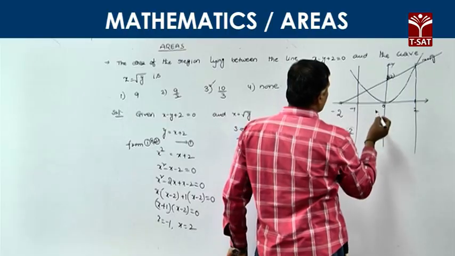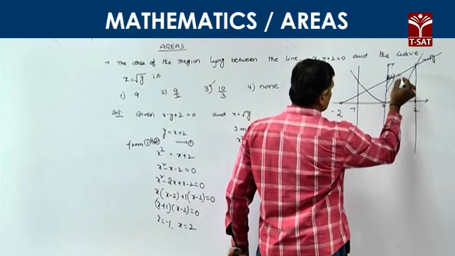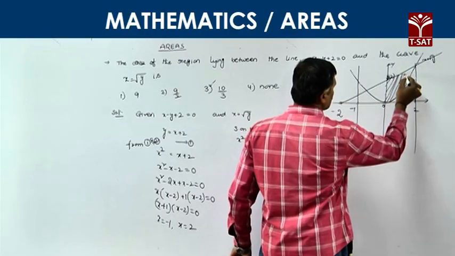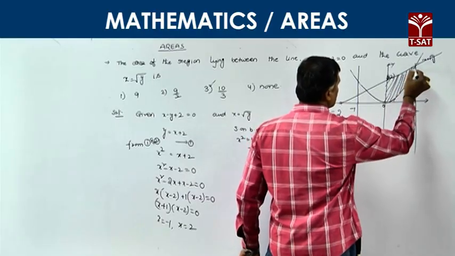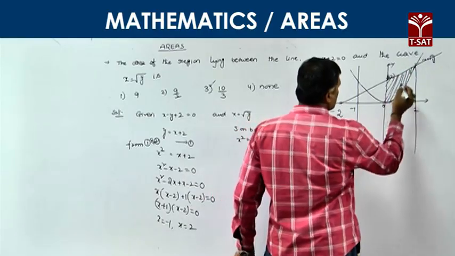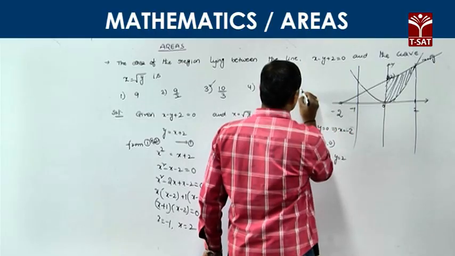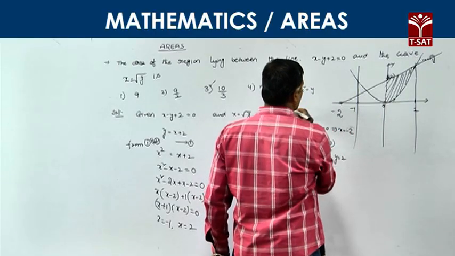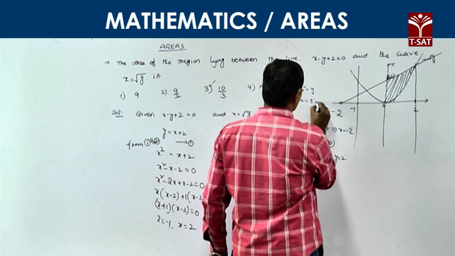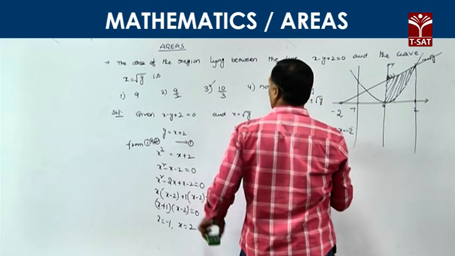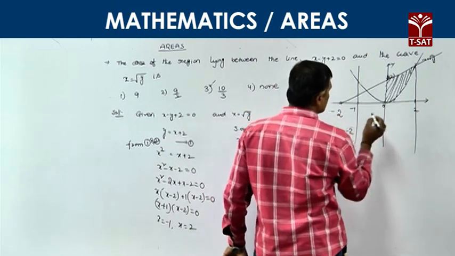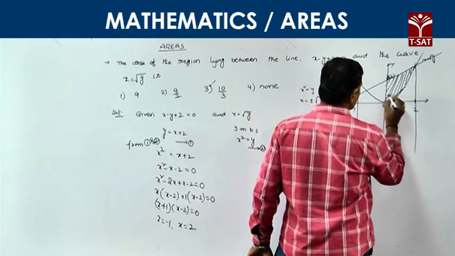Now the required area is this part only, because of x is equal to root y. X is equal to root y means x square is equal to y, but x is equal to plus or minus root y; given curve is x is equal to only root y, so we can take this region only.